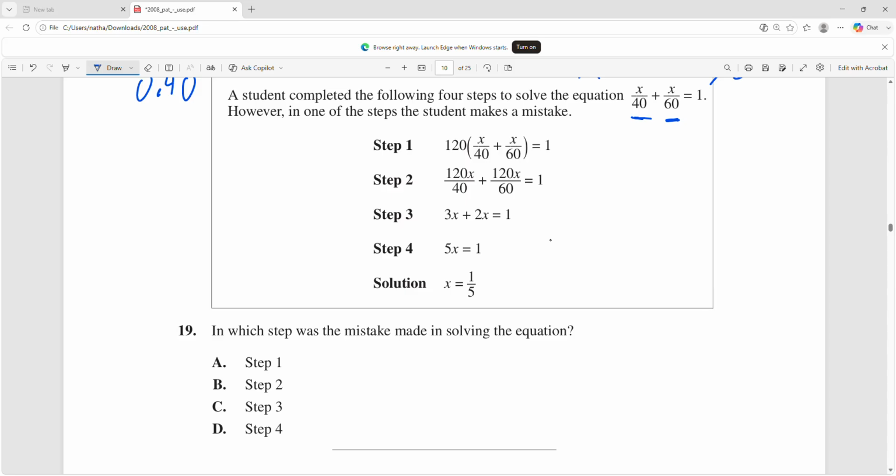For example, think about a smaller number, say 4 and 6. They're trying to help solve this equation by getting rid of these denominators. My smallest common denominator between 6 and 4, there are a couple ways you can figure that out. 4 times 2 is 8, 4 times 3 is 12.